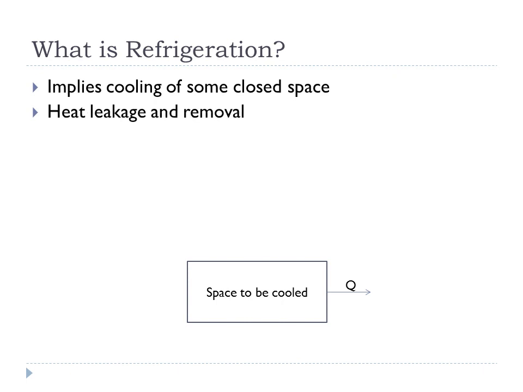But what will happen? The temperature would be lower than its surrounding. Due to this temperature difference, some heat would leak into this space from its immediate surrounding, and if this Q amount of heat which is getting into this cooled space is not removed, then it will increase the temperature of this space, and hence it will not remain cool anymore.